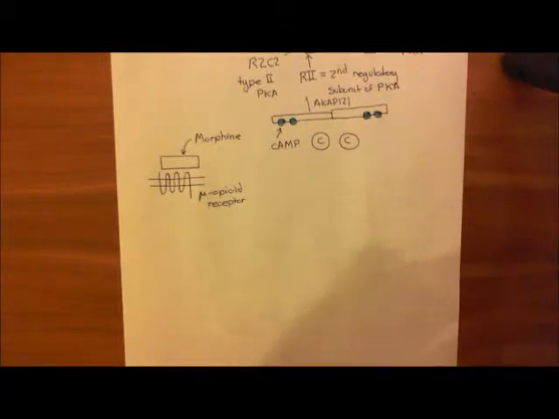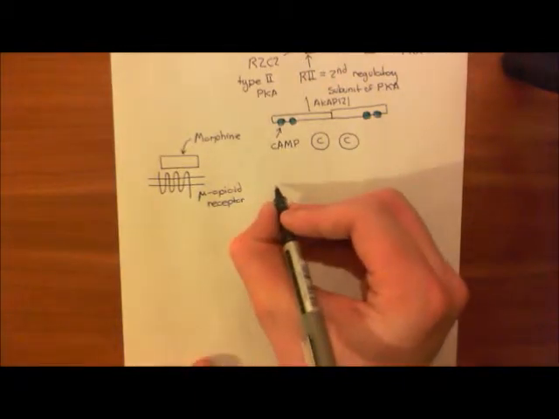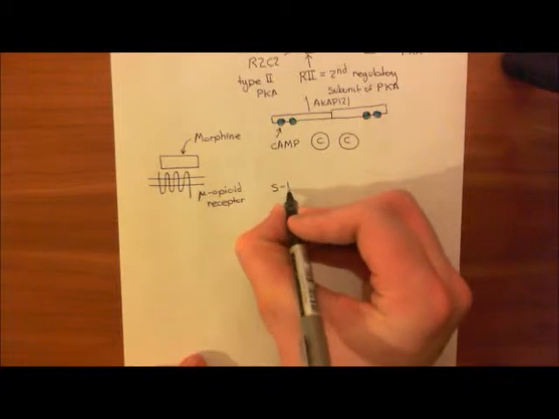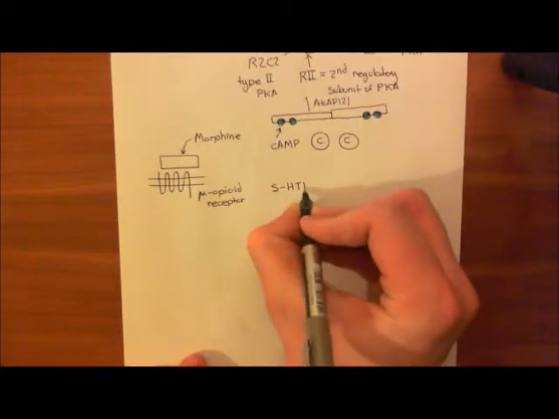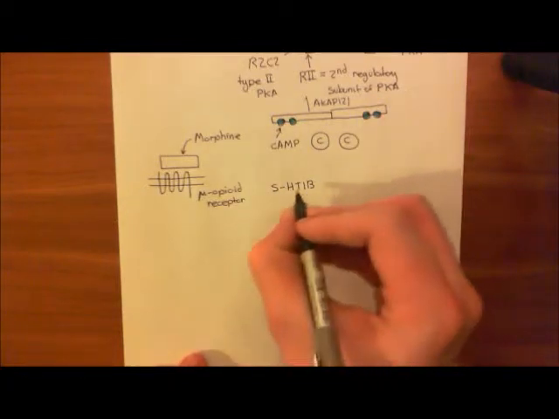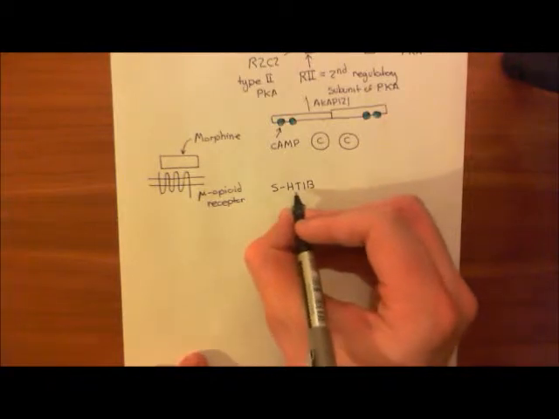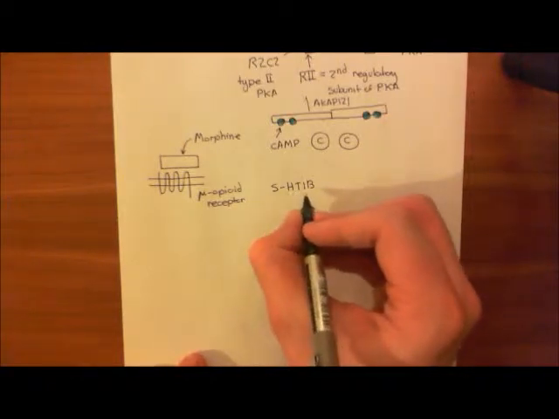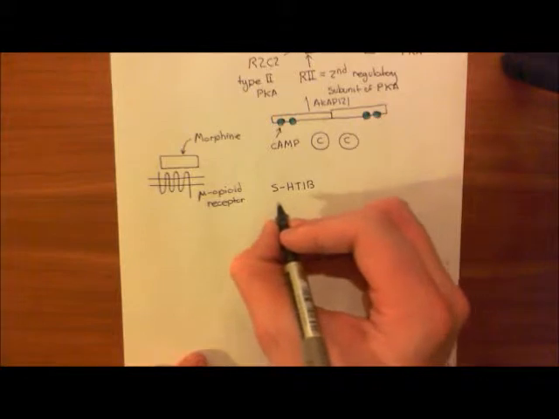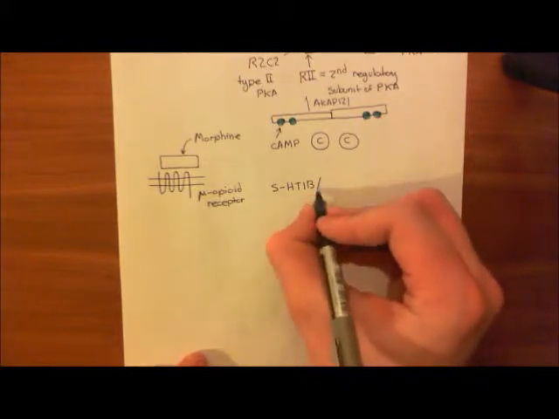So what other receptors are coupled to GI protein? Well, another example is the 5-HT1B receptor. This is a receptor for which the endogenous ligand is 5-HT or 5-hydroxytryptamine, which is another name for serotonin.